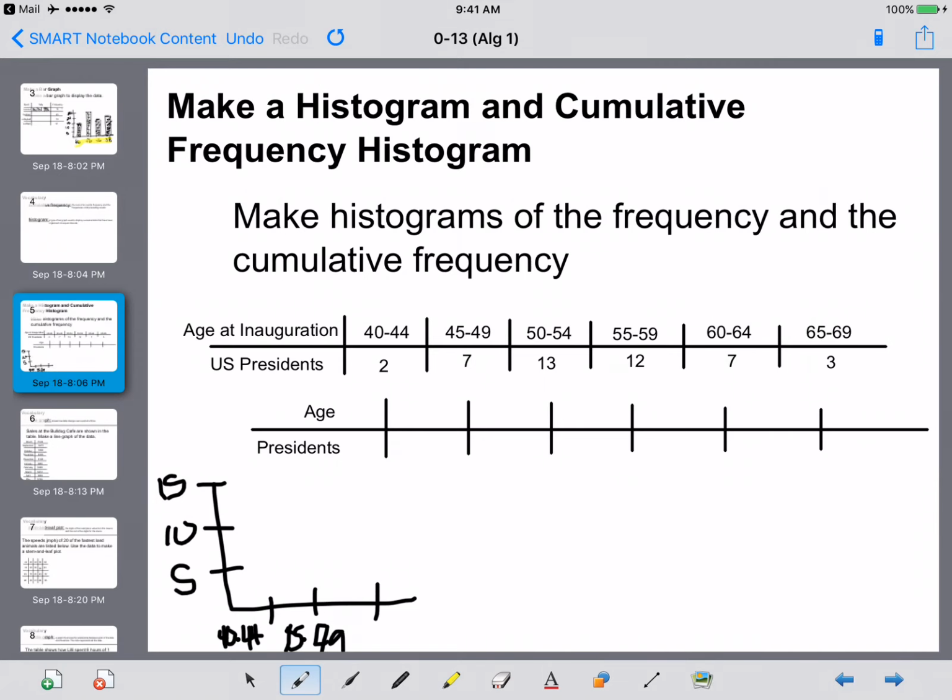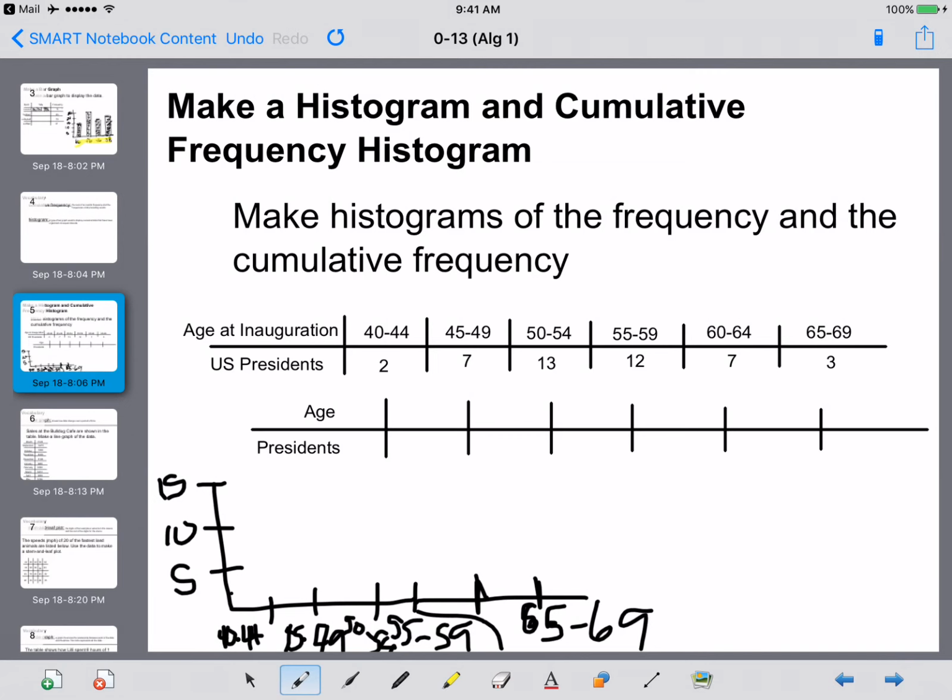And these should be equally spread out as well. So 50 to 54. 55 to 59. Yours should be. So those go. There's our label there. Okay, we know that's 60 to 64. And here's 65, as I wrote that backwards, to 69. I'm really sorry that this is not the most beautiful histogram you've ever seen, but you get the gist.